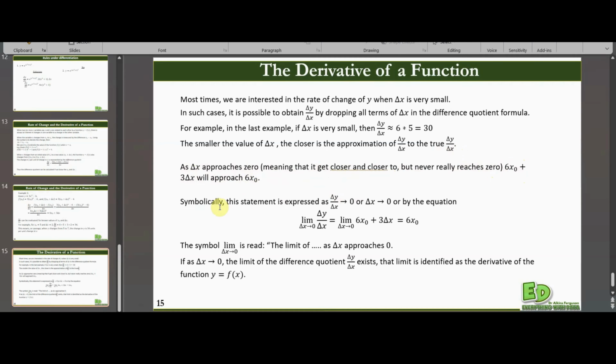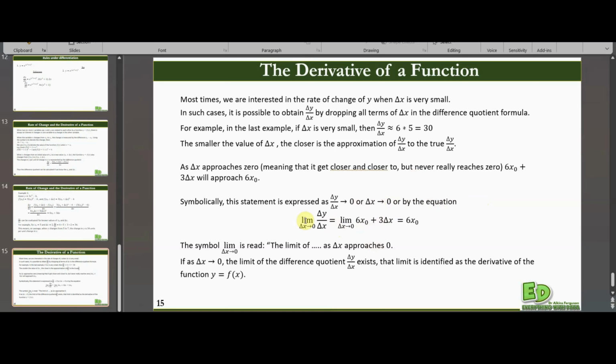So symbolically, this statement is expressed with change in x approaching 0. How fast y changes with respect to x is found by using a limit.